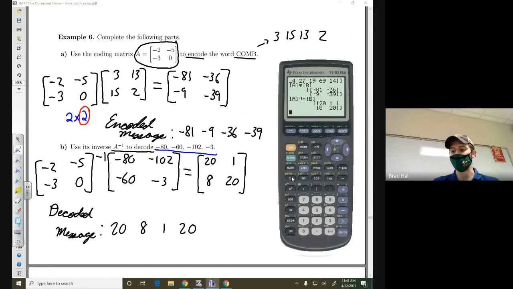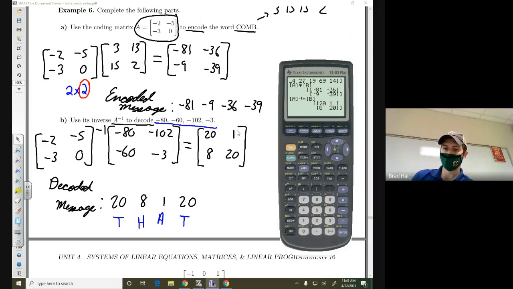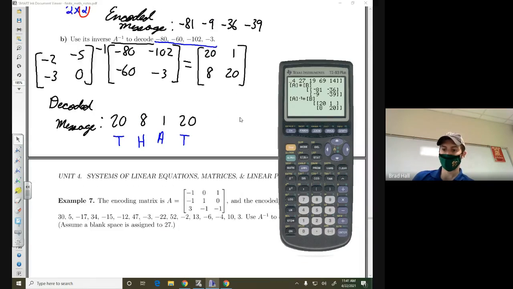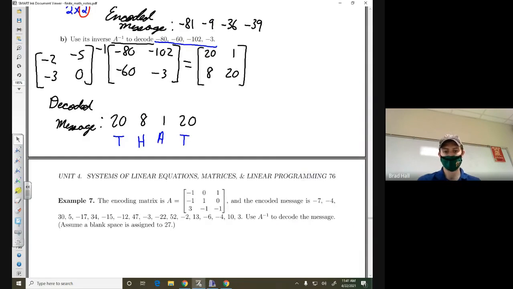But since this is a decoded message, this means we should be able to convert this into a word or phrase of some sort. 20 corresponds to T, 8 is H, 1 is A, 20 is T. So it corresponds to the word that. Are there any questions before we look at the next example?